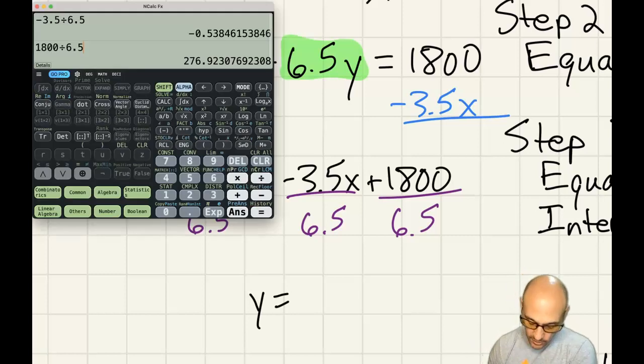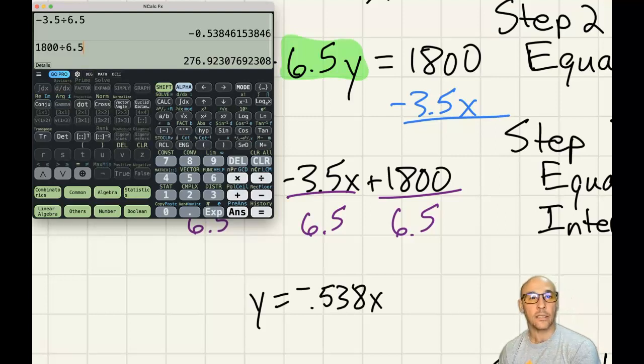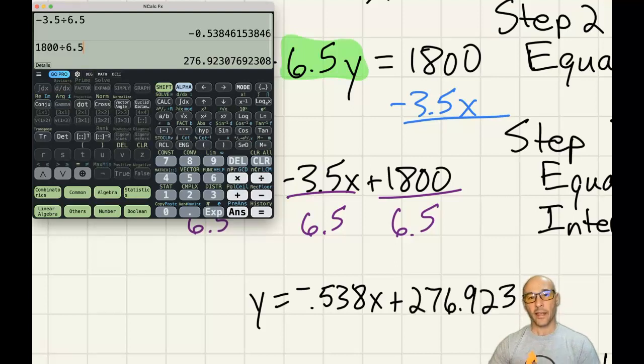So we have y is equal to negative 0.538x. Now notice that that is an estimate, because that's what we get when we divide negative 3.5 by 6.5. It's an estimate, and that's okay. And that's going to be plus 276.923, and that is also an estimate.